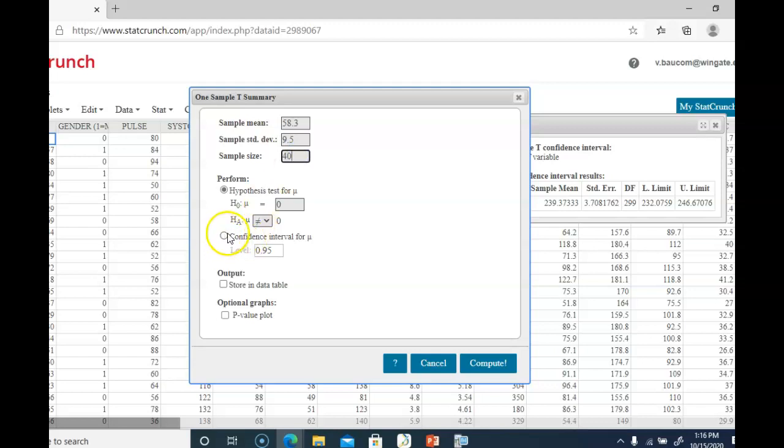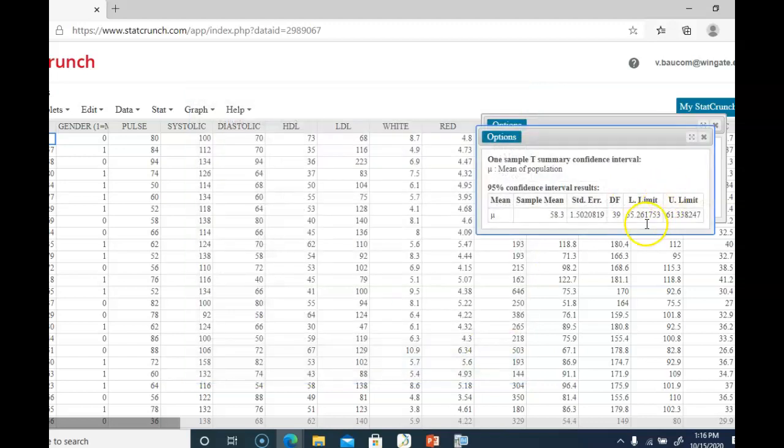So if we do a confidence interval, and this was the one about the time with the statistics and the time, then our confidence level that it asked us to do was 95. And we'll compute that. And so here is that same interval that we computed by hand. So the StatCrunch is going to give you the options to do these same things.